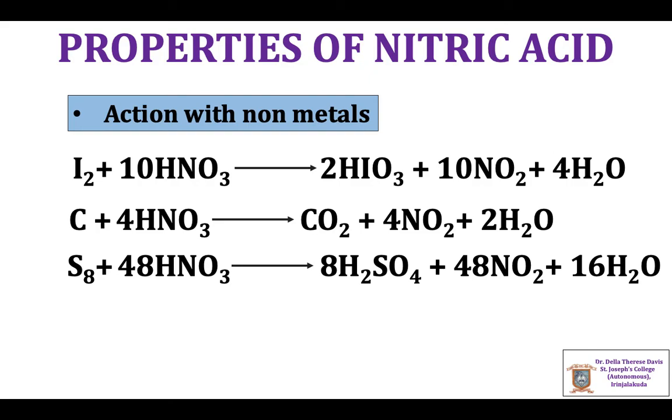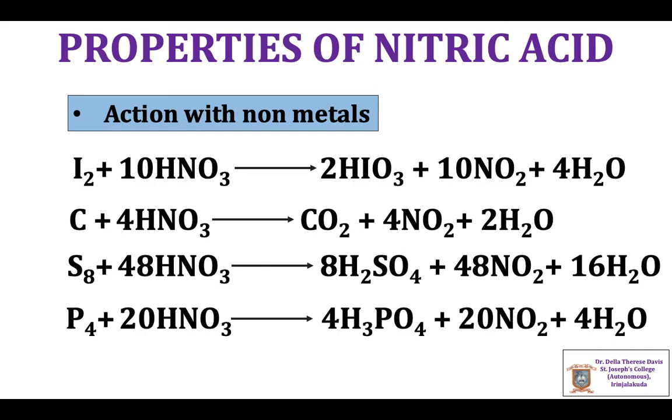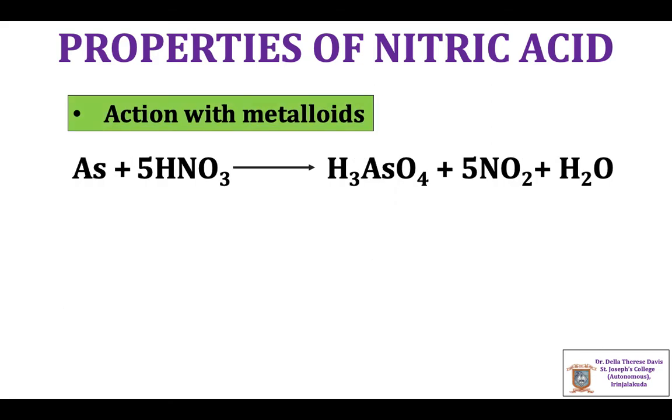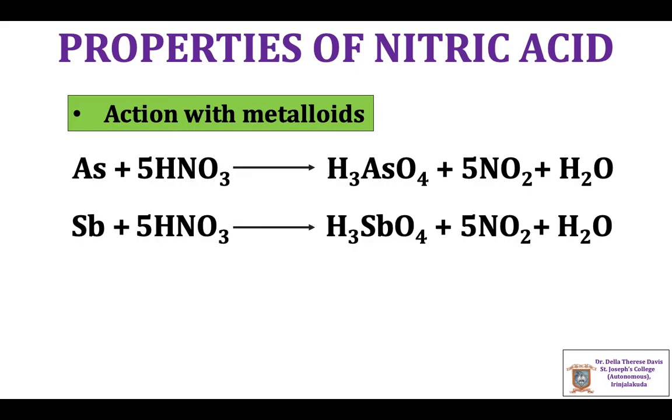Similarly, sulfur is oxidized to sulfuric acid and phosphorus is oxidized to phosphoric acid. When arsenic and antimony are treated with concentrated nitric acid, the corresponding oxyacids are obtained.